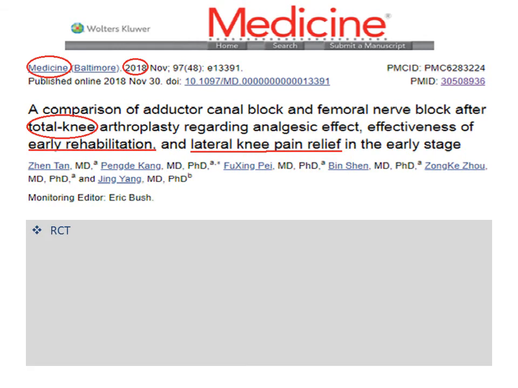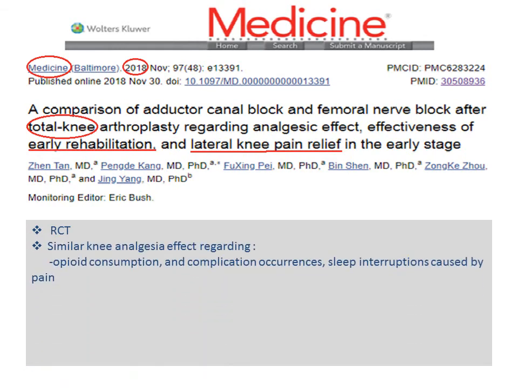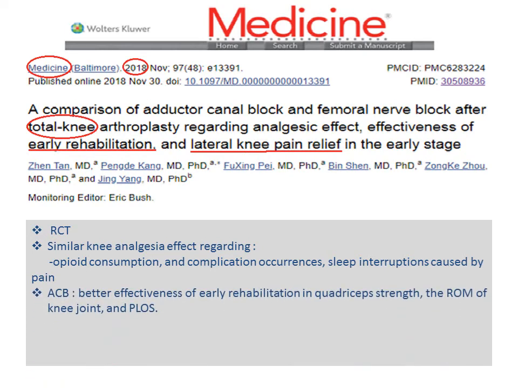It is a randomized controlled trial, with similar analgesic effect regarding the opioid consumption, the complication occurrence, and the sleep interruption caused by the pain.